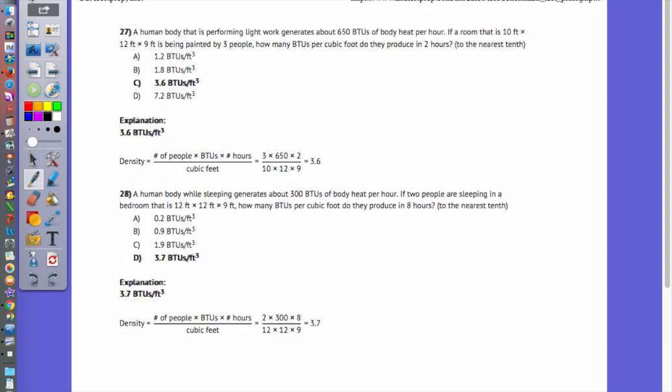We've had population density. So now we're going to use density in terms of heat. The formula for density was density equals mass divided by volume. So even if you got concerned here that the amount of heat was your mass, I would hope you get that when they talk about 10 times 12 times 9, that's the volume, right?